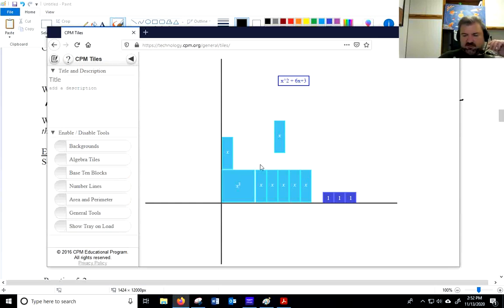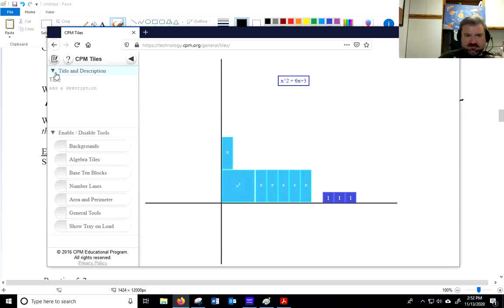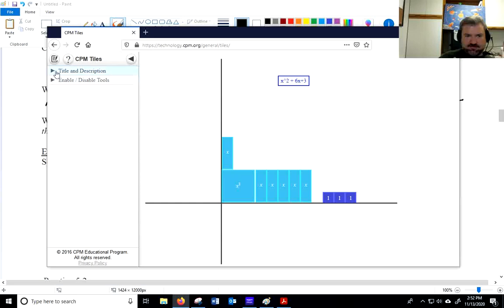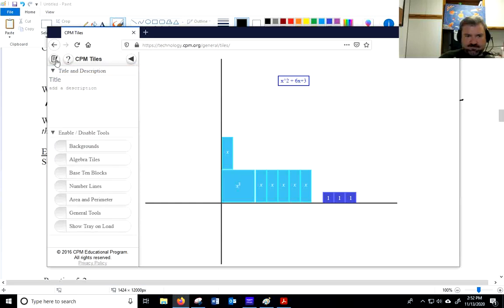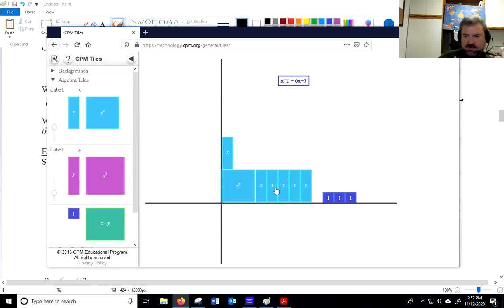Okay, so, when in doubt, read the instructions. So that's what I've done, and I think I'm back ready to go. I'll go back to my algebra tiles here. Okay, so we have 1, 2, 3, 4, 5, 6. I got to double click. I don't know why I didn't figure that out earlier.